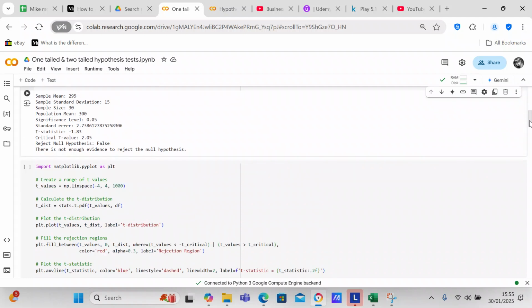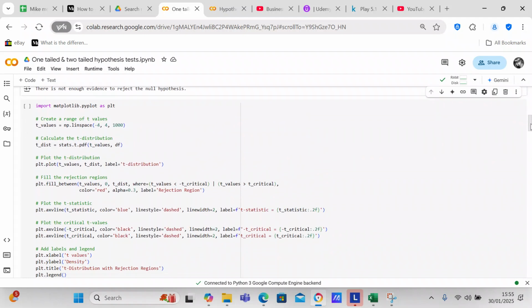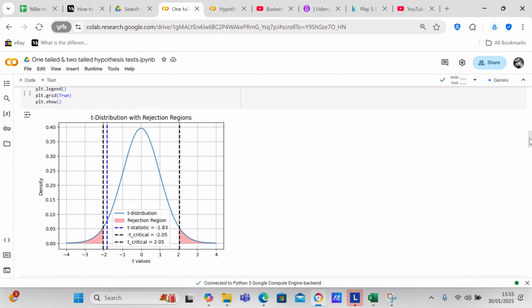And so I created a diagram of the t-distribution. You can see your t-distribution is in blue, your rejection region is in pink, your t-statistic is negative 1.83, and your negative t critical is negative 2.05.